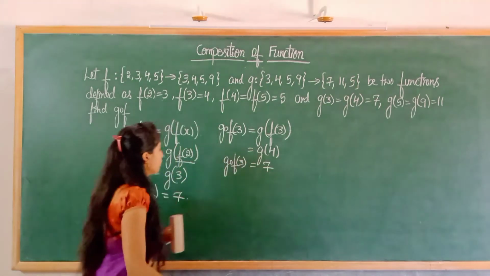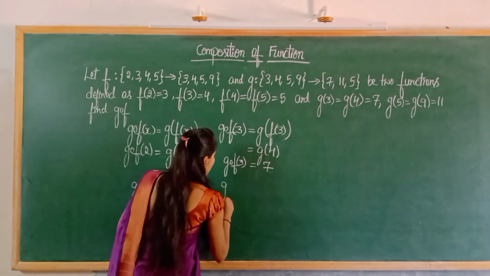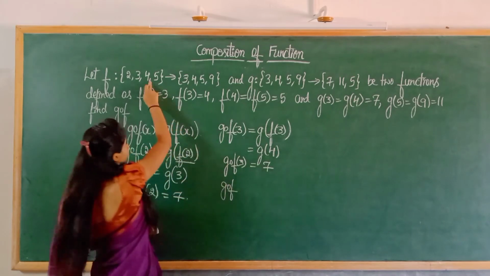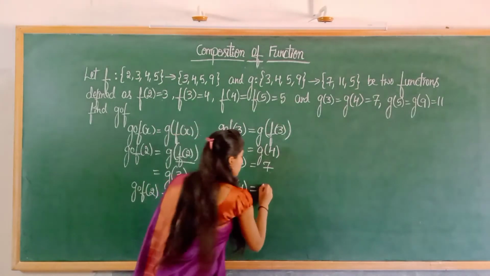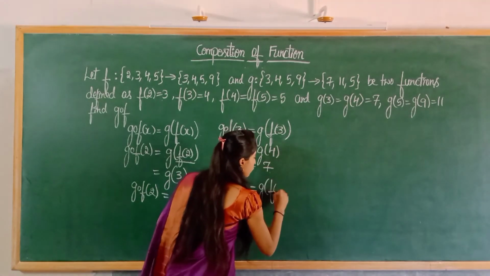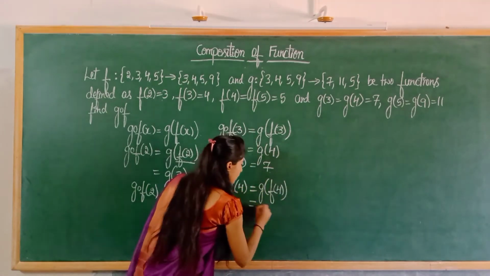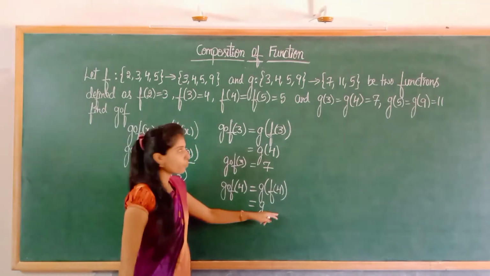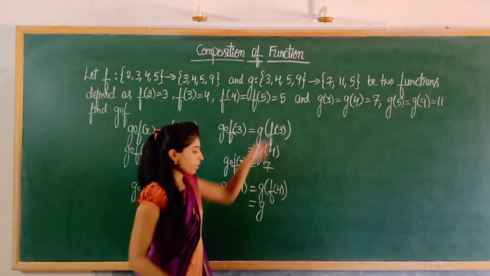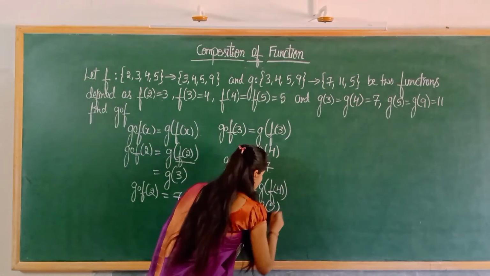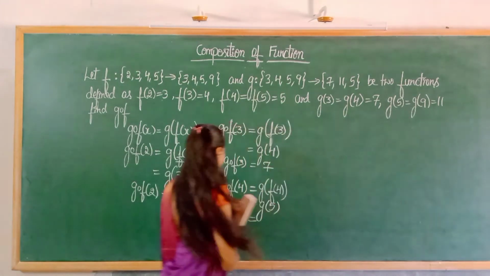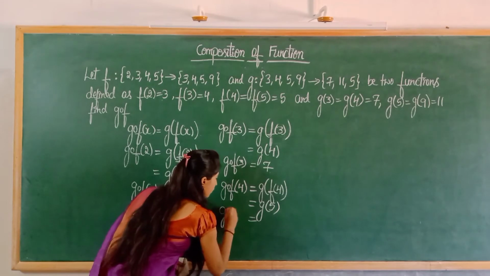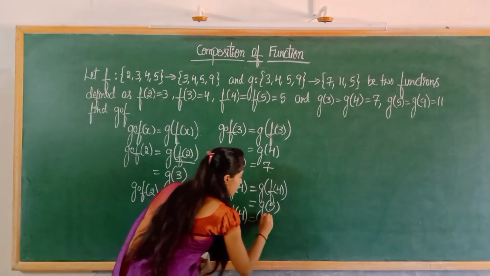The next is g composition f of 4, that is g of f of 4. The value of f of 4 is 5, so g of 5. The value of g of 5 is 11, so g of f of 4 is 11.